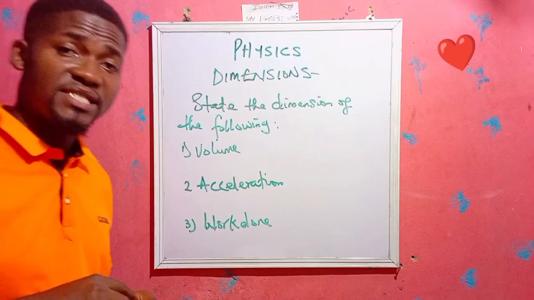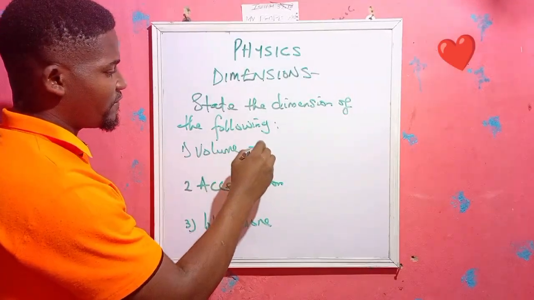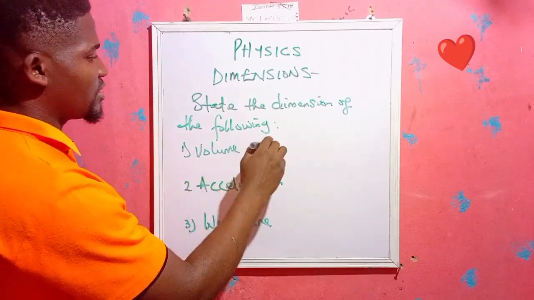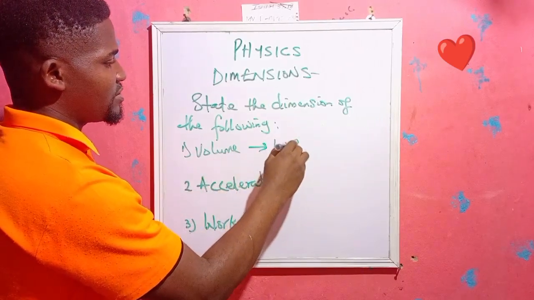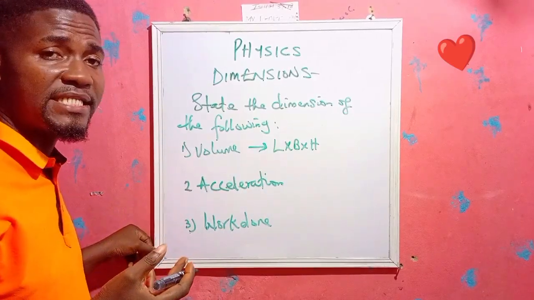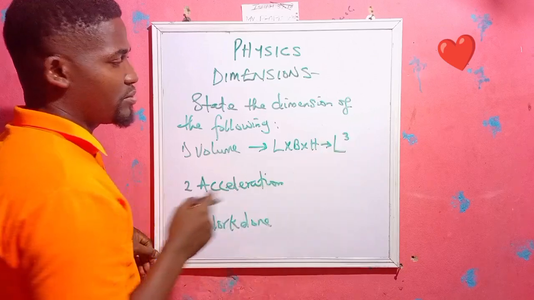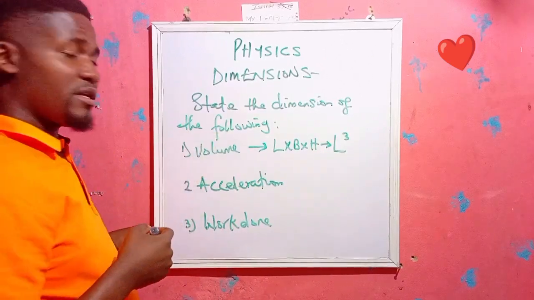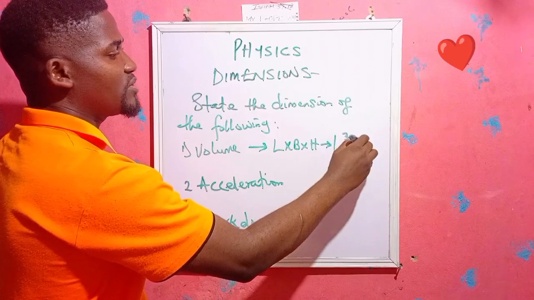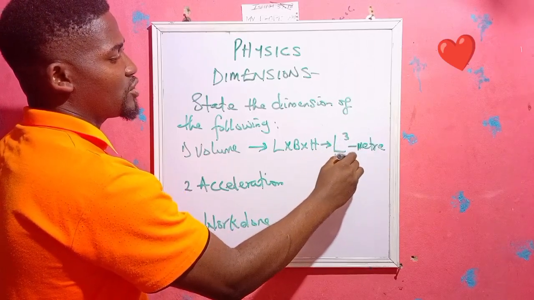Volume is a derived quantity, as we know, and the formula for volume is length times breadth times height. So we can just put it as LBH, and each of these quantities is also measured in meters. So we can also see this as L cubed, and therefore, bearing in mind that we are dealing with meters here, it means this can be m cubed.